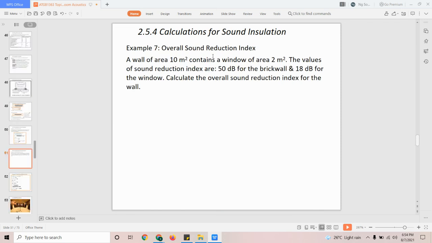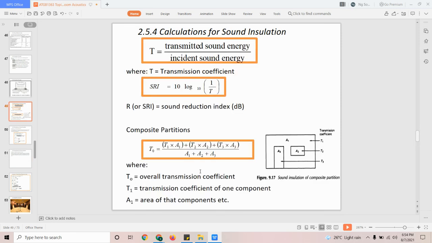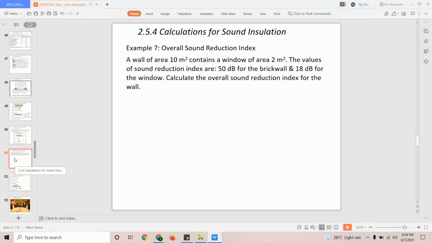Okay, example 7 will make use of this composite partition. We'll be given a wall area which has a window, so there are only two components.